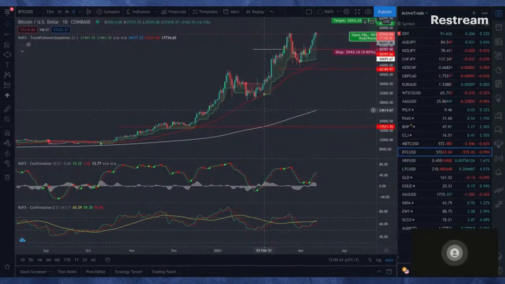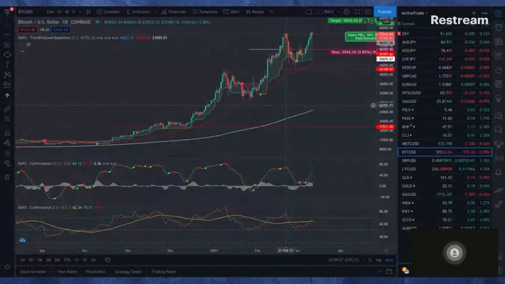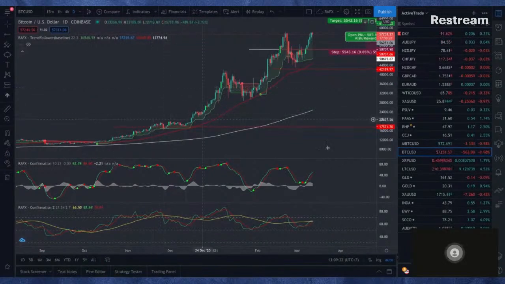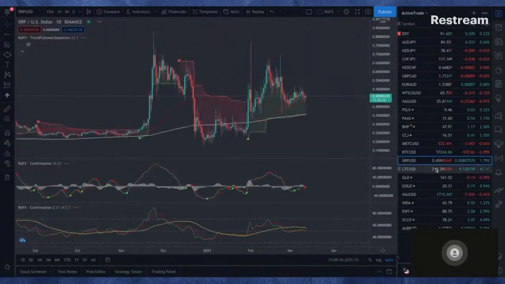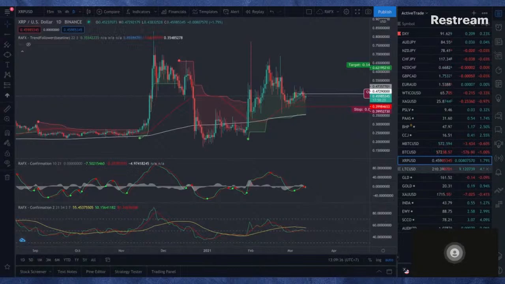So that's my take on BTC USD. Oh, I forgot, I also have XRP as well. So for XRP, I'm still going to hold that because the 50 baseline is also good. So yeah, I think I still need to hold this one.